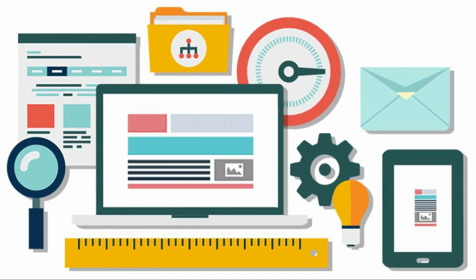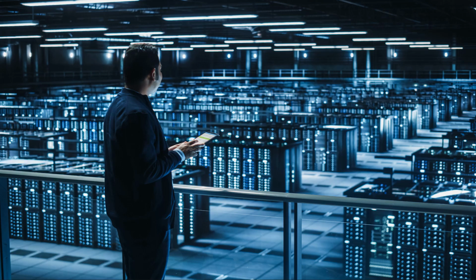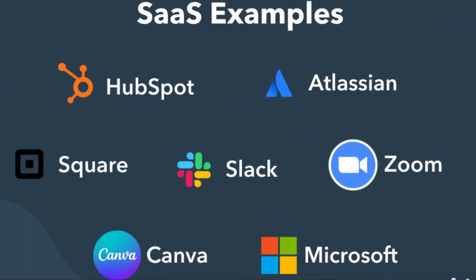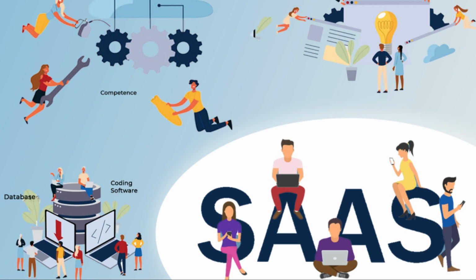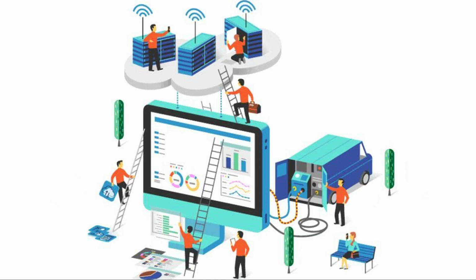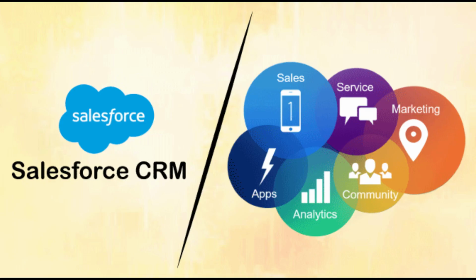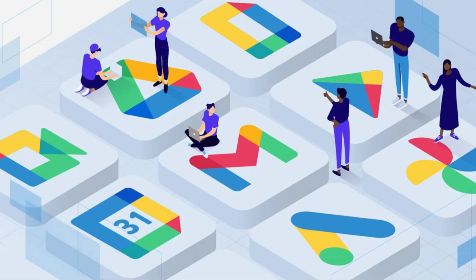SaaS customers do not have to worry about managing the underlying infrastructure or developing their own applications and can simply use the applications provided by the SaaS provider. SaaS providers offer a variety of applications including email, customer relationship management, and productivity applications. Customers pay a subscription fee for the applications they use, and the SaaS provider is responsible for managing and maintaining the infrastructure and applications. Examples of SaaS providers include Salesforce, Dropbox, and Google Workspace.